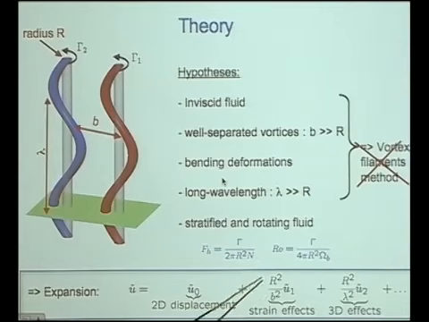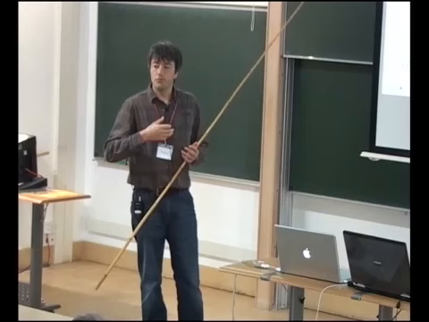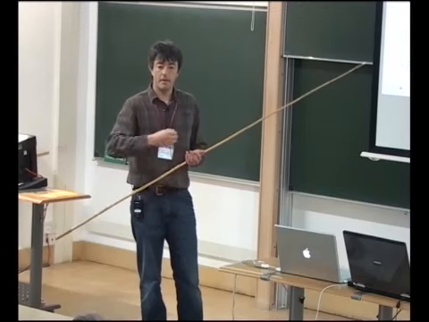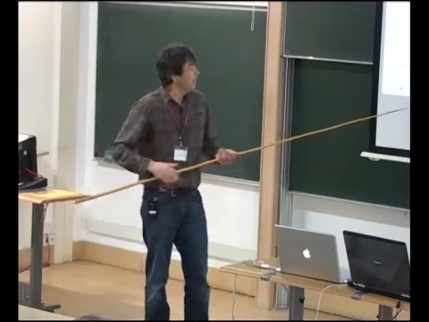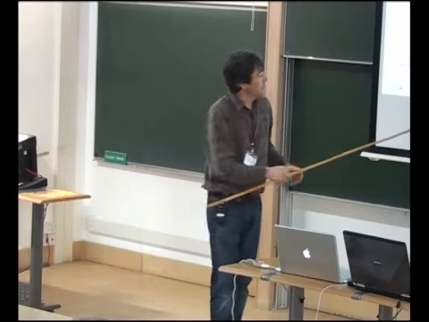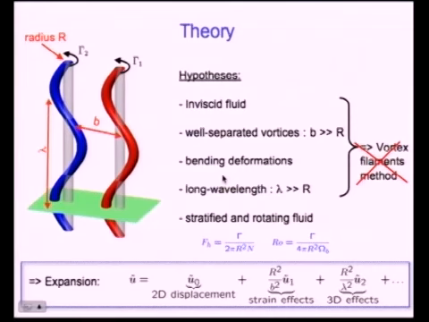What we have done instead is an asymptotic expansion of this form, with the two small parameters of the problem: R over B, the ratio between the vortex radius and the separation distance, and R over lambda, the wavelength of the deformation. At leading order, the perturbation consists of two-dimensional displacement of the vortices as if they were alone.